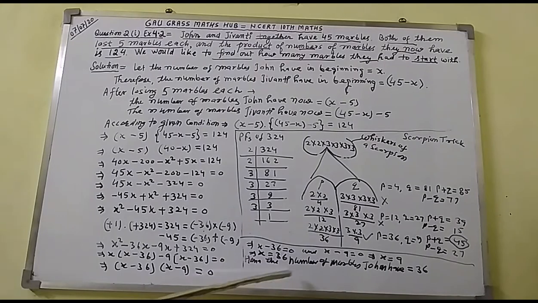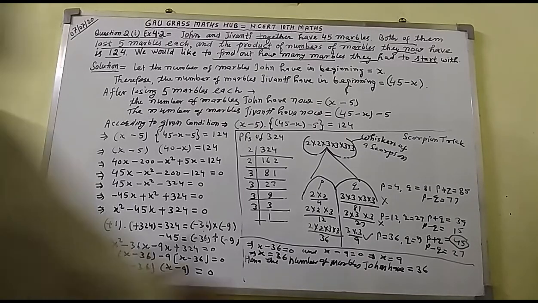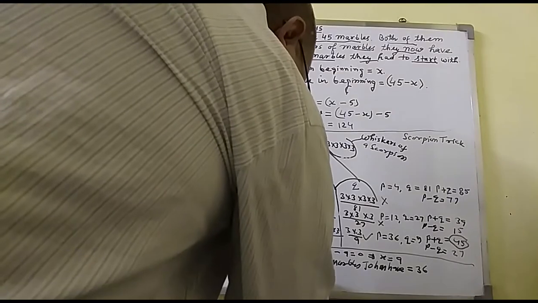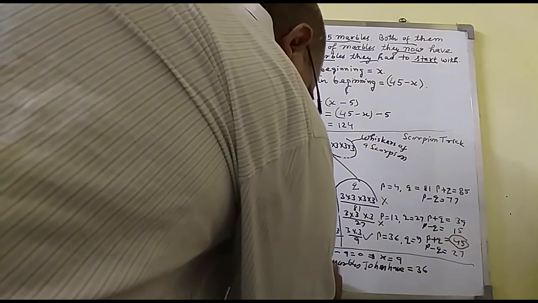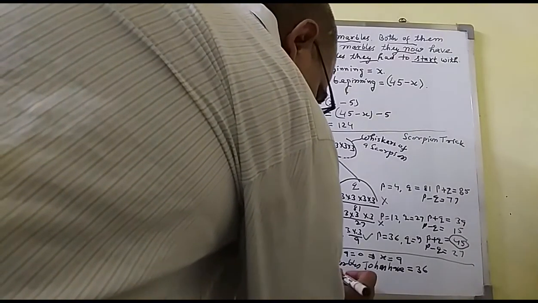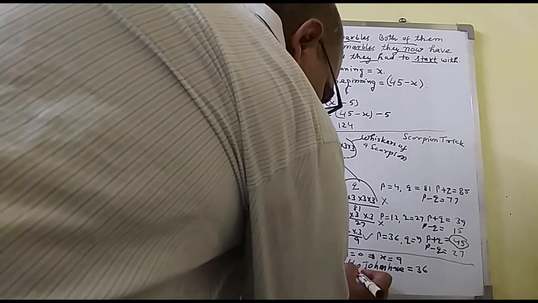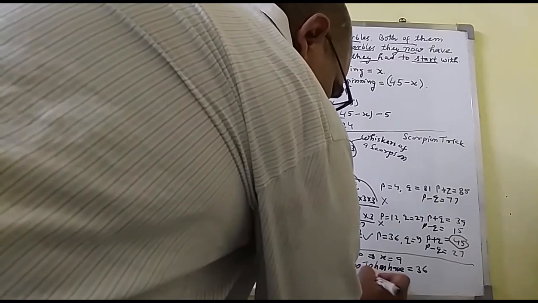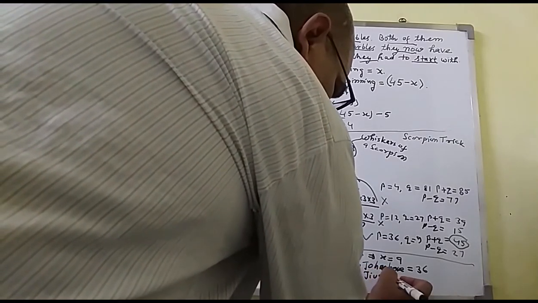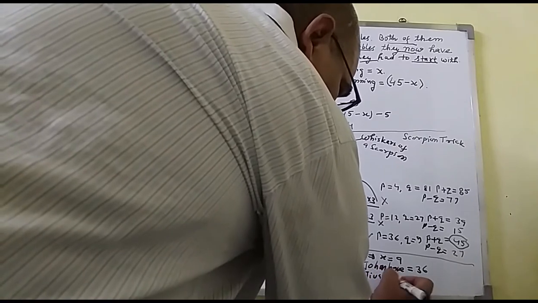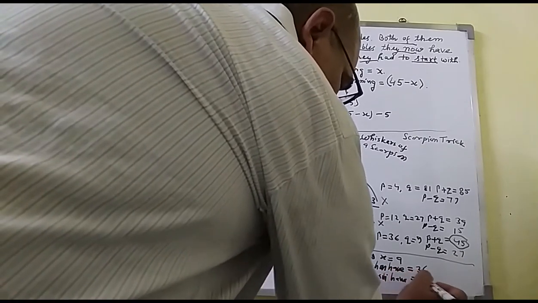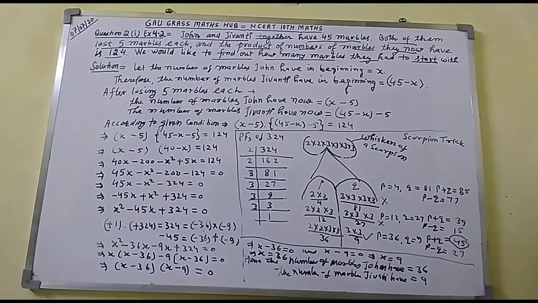If John has 36 marbles, then the number of marbles Jivanti will have is 45 minus x.